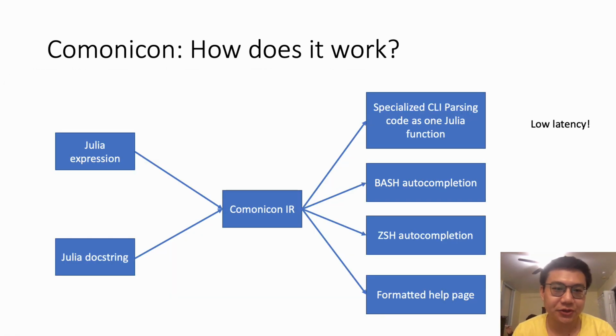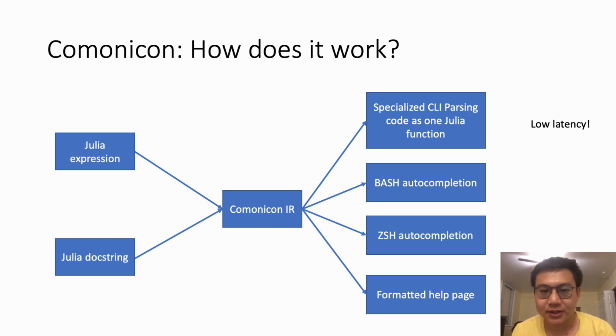How does it work in general? We create something called Comonicon IR, an intermediate representation to handle the semantics of the command line interface. It can be parsed from a normal Julia expression, which can be a function or a module, and from the Julia docstring, so we also try to understand the docstring you write and combine it with the Julia expression.